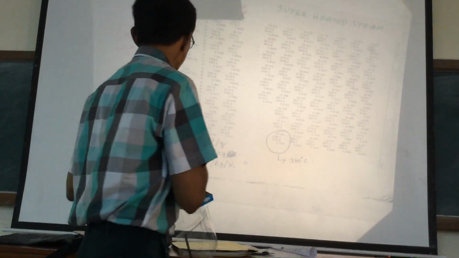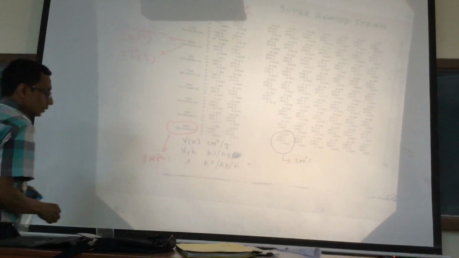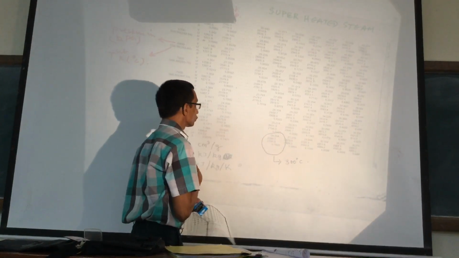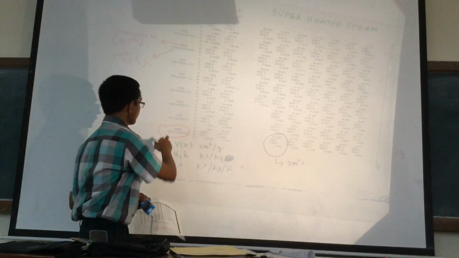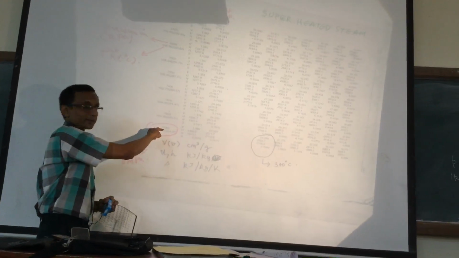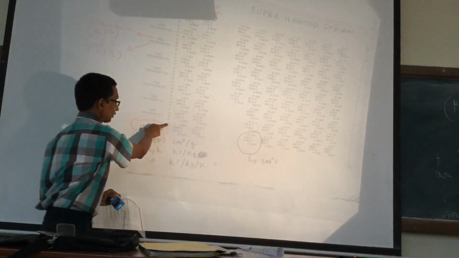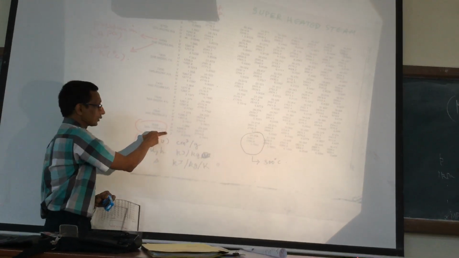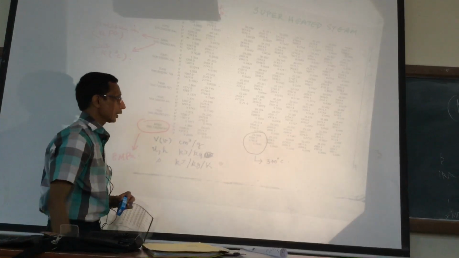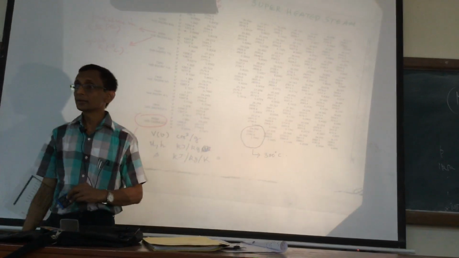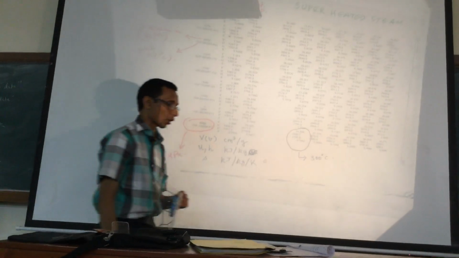It is 24.264, the value right on top. So this is 8000 kilopascal, which is 8 megapascal. Then I am looking at 300 degrees centigrade. These are the values versus specific volume, specific internal energy, specific enthalpy, and specific entropy. 24.264 is the specific volume. It is reduced by orders of magnitude.